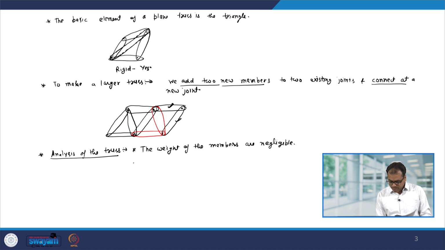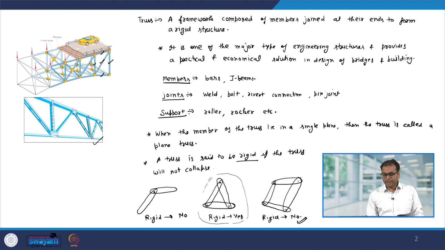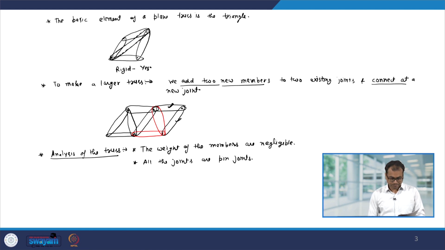And we will also consider that all the joints are pin joints. As I said previously, the joints can be welded, bolted, riveted connections, or pin joints. For the analysis, we will consider that the joints are pin joints.